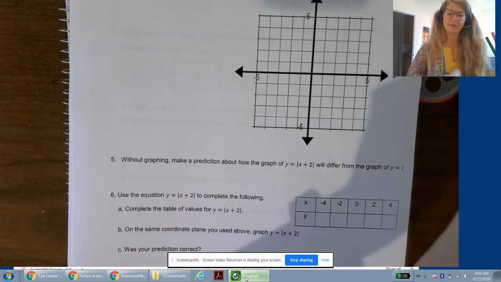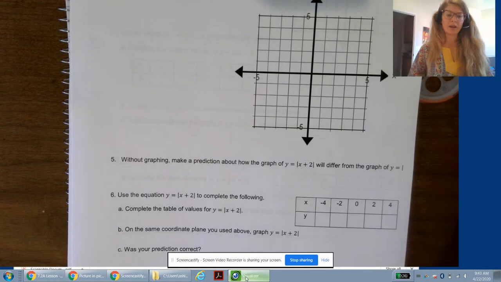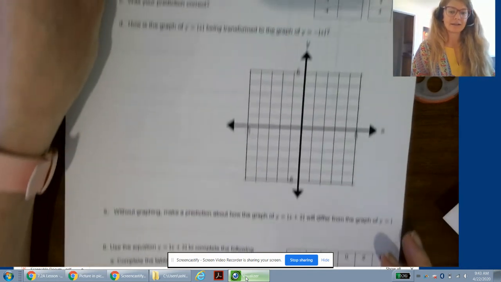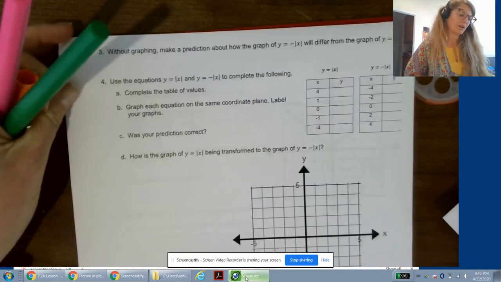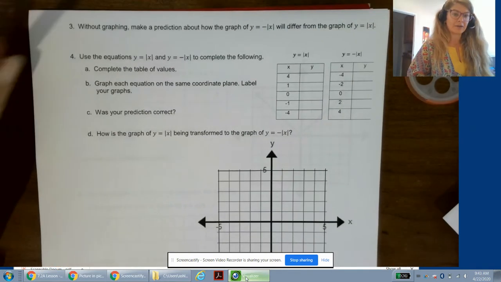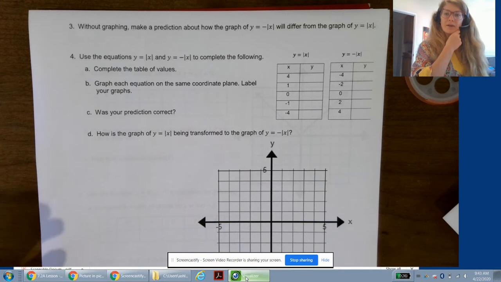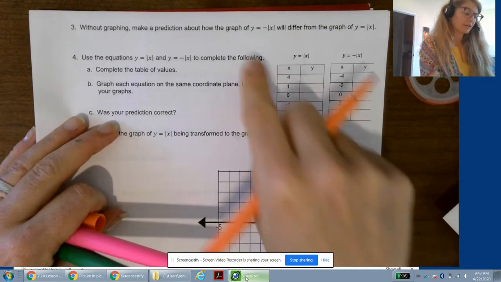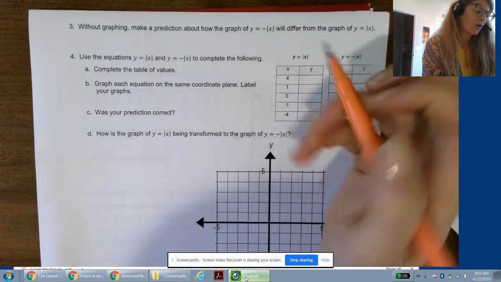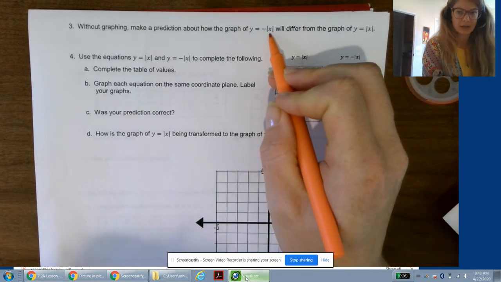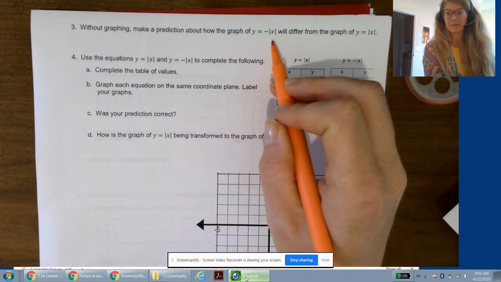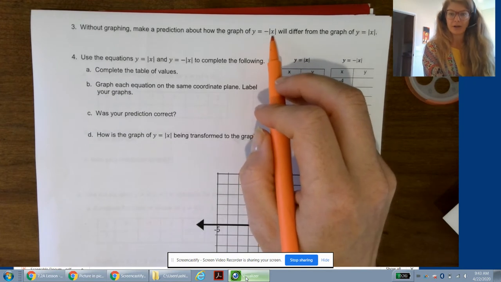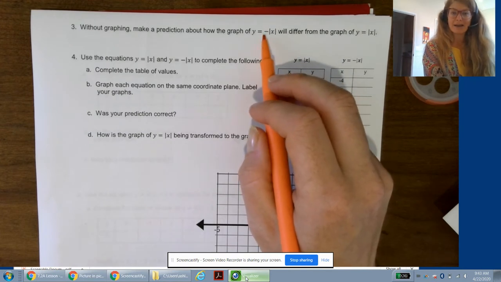Without graphing, we're going to make a prediction about how the graph of y equals the negative absolute value of x is going to be different from our parent function y equals the absolute value of x. Well, one way we can do this is making a table down here. Whatever my input is, it's going to become positive because of the absolute value. But then, no matter what, it's always going to be negative.